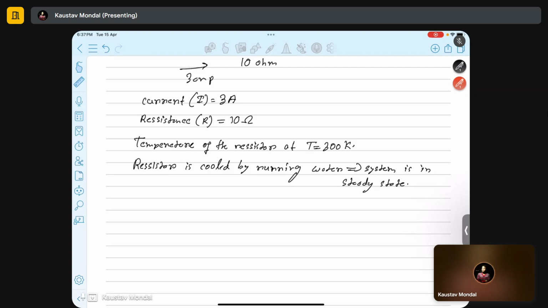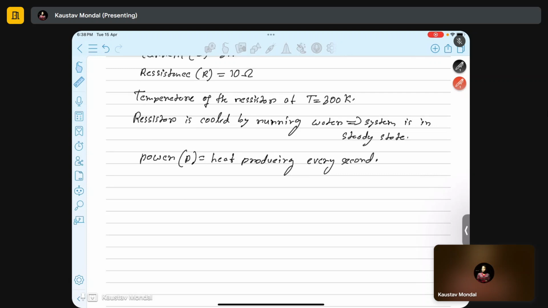Power is basically the heat produced every second, because here we don't know the time, so we have to calculate at unit time, whatever time unit you are using.